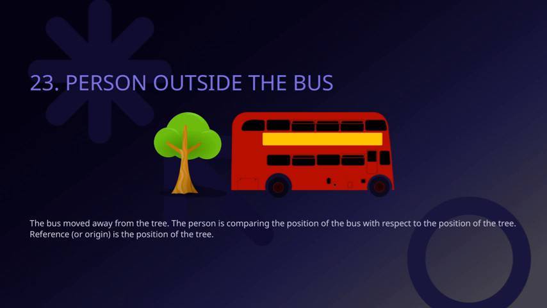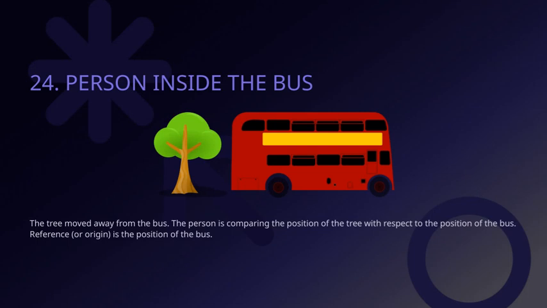In this case, the tree serves as a fixed point, and we measure how the bus's position shifts over time. This idea of relative position is fundamental in understanding motion, especially when we're analyzing how objects move in space. And it ties back to our overall theme, how we describe and understand movement by choosing different references or origins.